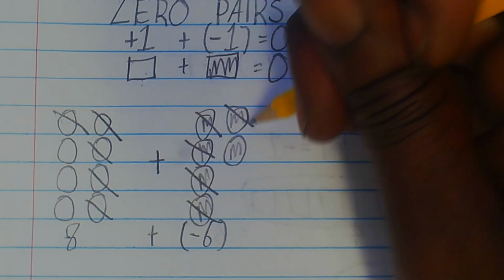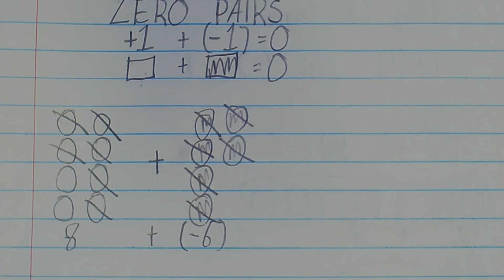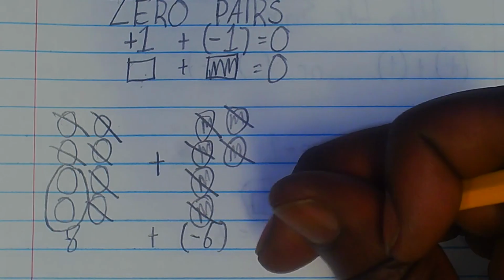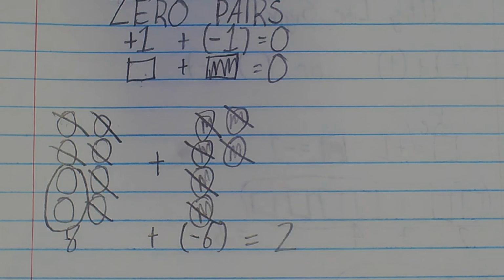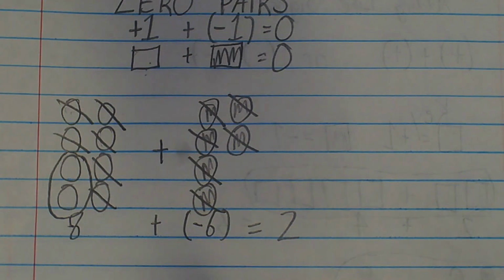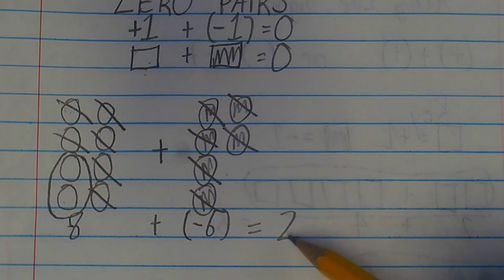And we have 2 more zero pairs we can create because they're just canceling each other out. And whatever we're left with is going to be that answer. So that's 2 positives. Okay? Again, we create zero pairs, and whatever we have left, that's going to be the answer.